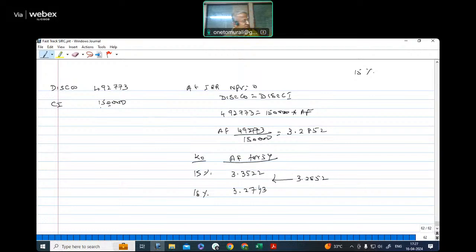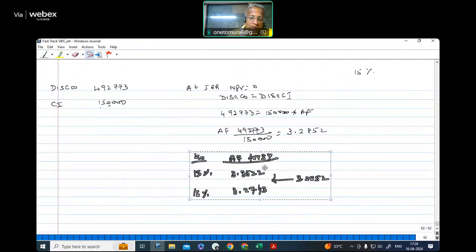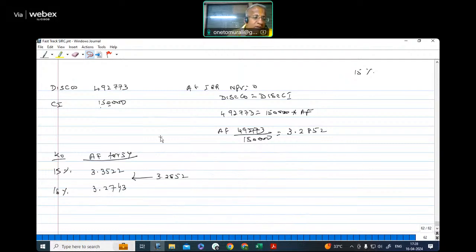So that gives me a thinking that we are coming close to, or it is falling between 15 and 16%. And at 15 and at 16, it is 3.3522, 3.2743. At what rate it is going to be 3.2852?